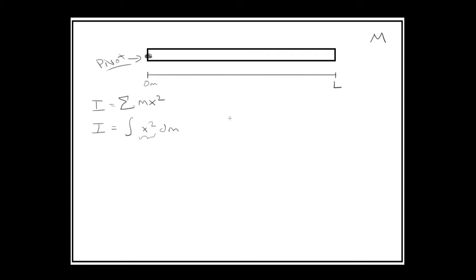So we have to find how every section of mass relates to its respective section of distance, the relationship between mass and distance, so dx in this case, because we need it in terms of dx to solve this integral. So how do we do that?